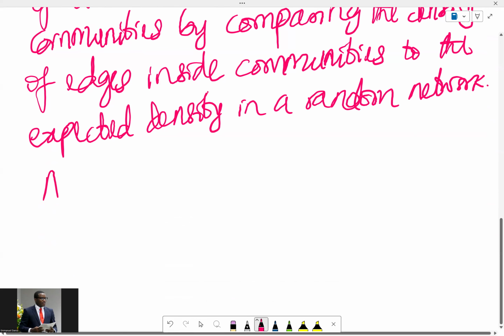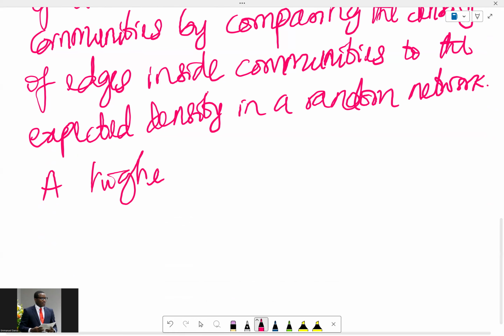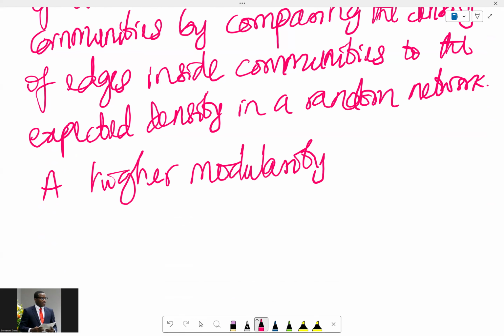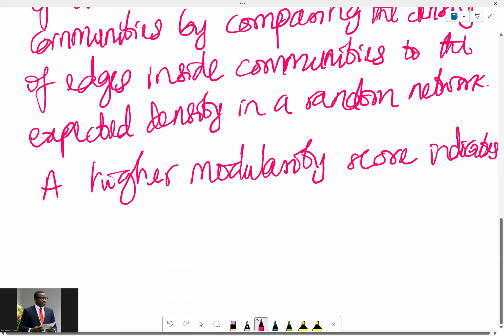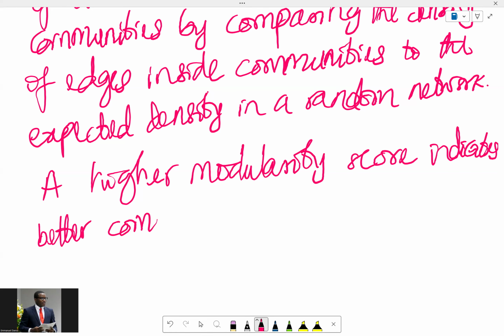A higher modularity score indicates better community structure.